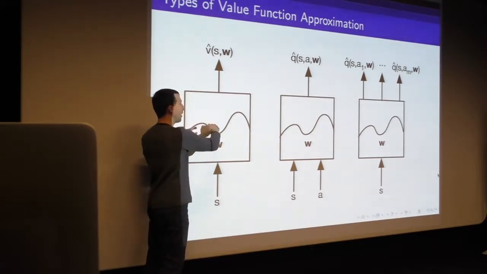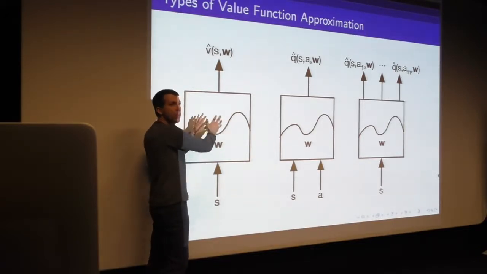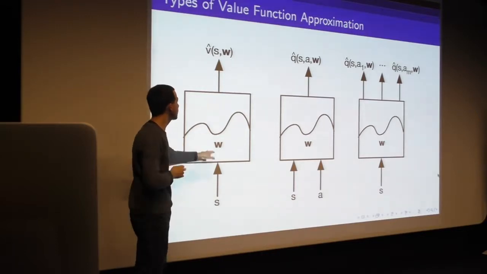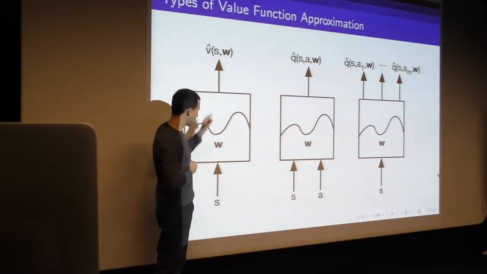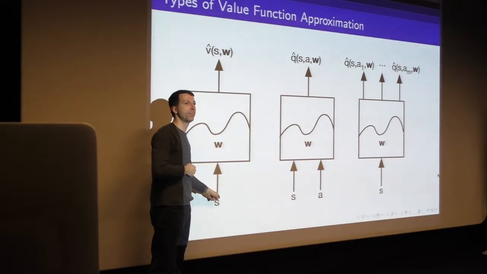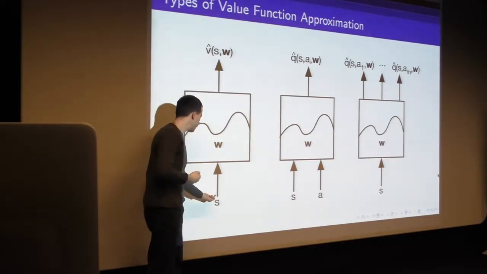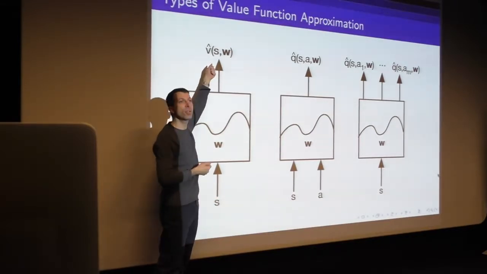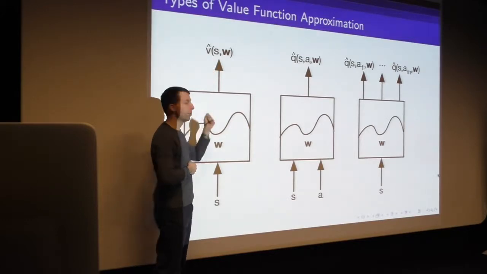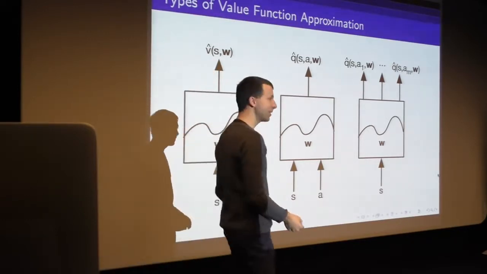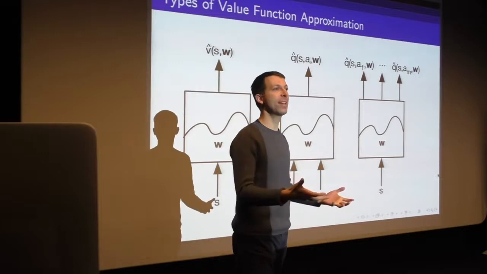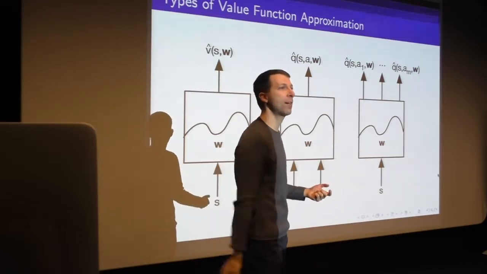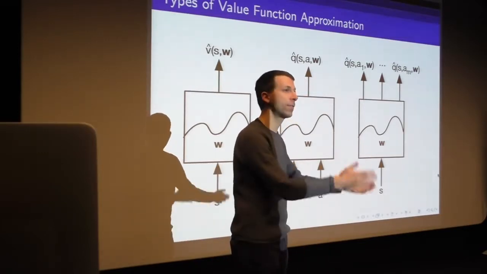The way in which w affects this is just part of this black box. We don't worry about that. What this thing is going to spit out is the value function at this query state S. So we feed in S, and this thing estimates how good it is to be in S. So we feed in, I'm in this state over here, and this thing says, aha, you're going to get 7.6 units of reward discounted over the rest of your trajectory.